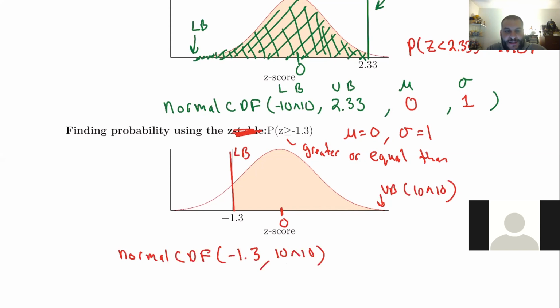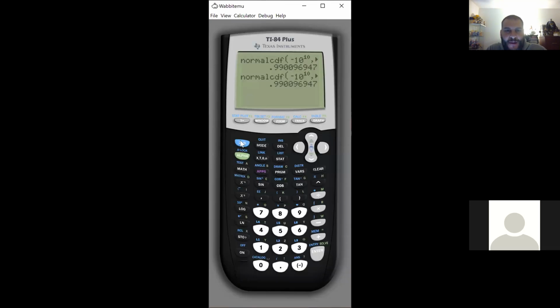So let's go back to the TI-84. So I'm going to go second, I'm going to go to bars. I'm going to do normal CDF. Click OK. If you look at my lower bound, we're going to put negative. So remember, you want to use the negative below the 3.